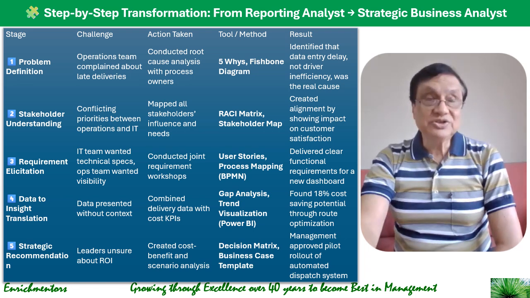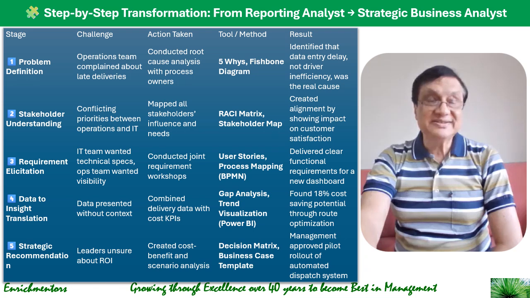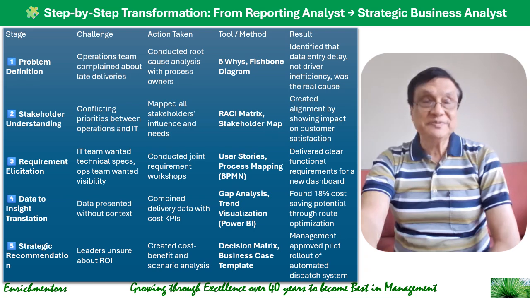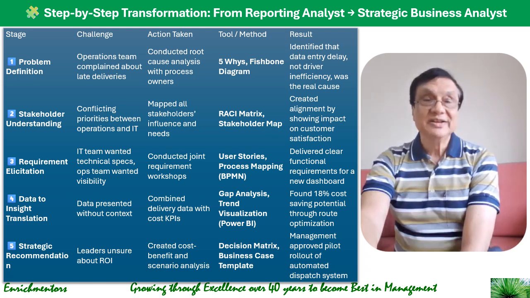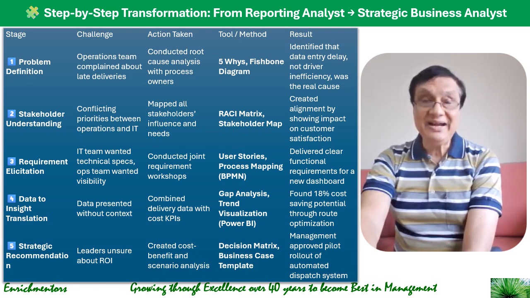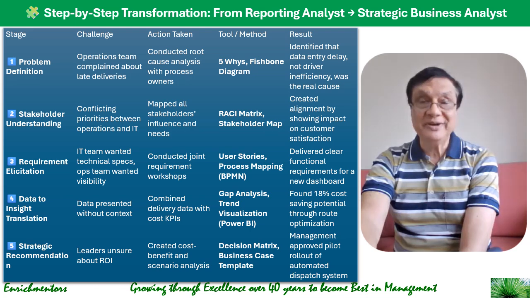The third stage was requirement elicitation, where the challenge was that the IT team wanted technical specs and the ops team wanted visibility. So she conducted joint requirements workshops using user stories, process mapping techniques, etc. That delivered clear functional requirements for a new dashboard.